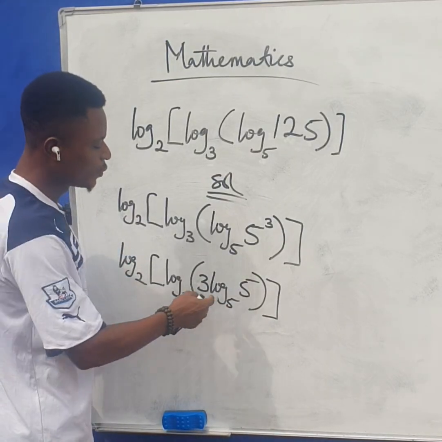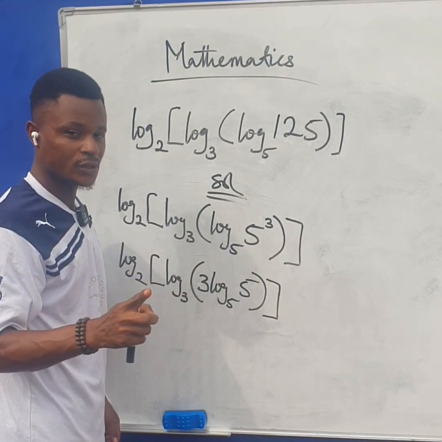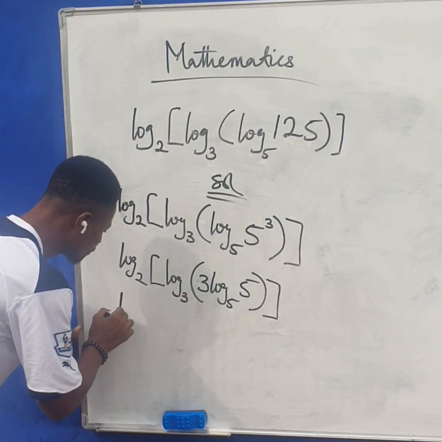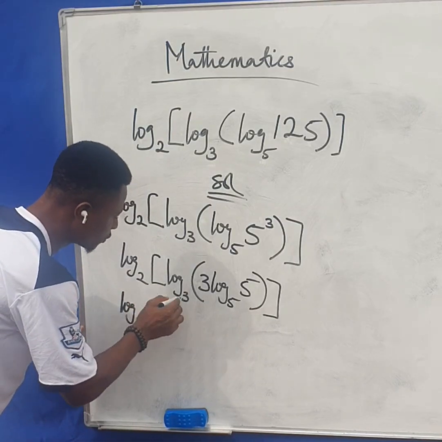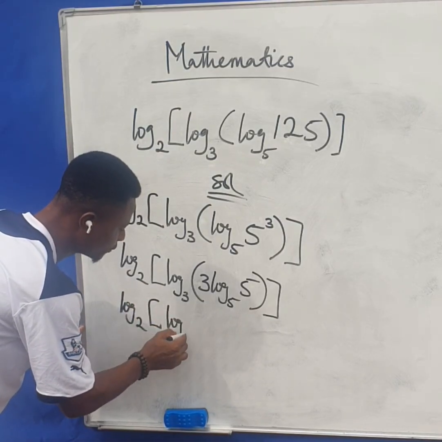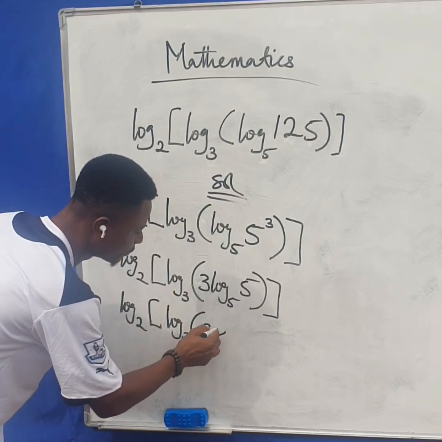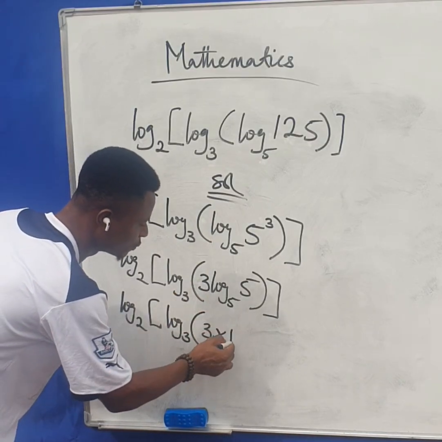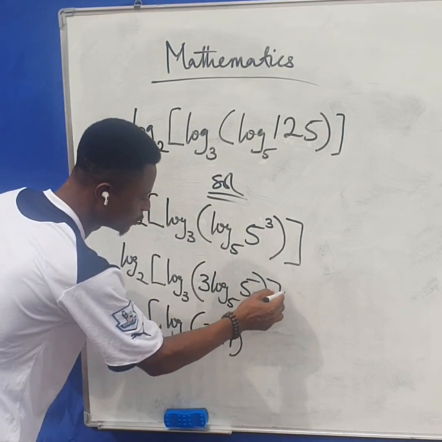So we are going to replace this with 1. So we have log base 2 of, open this bracket, log base 3, open this one, this 3 times, in place of this, we write 1. Then close this bracket and close this other bracket.